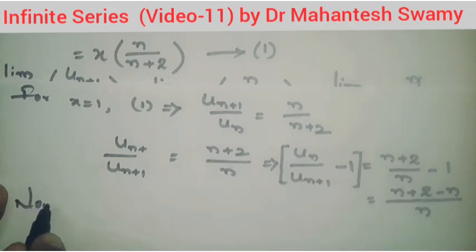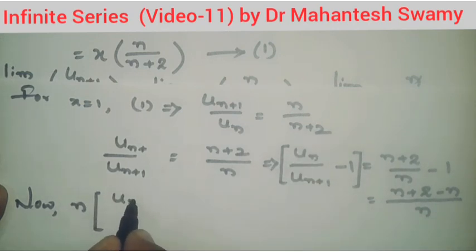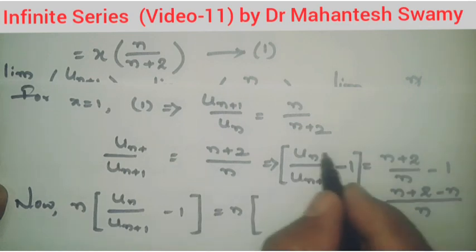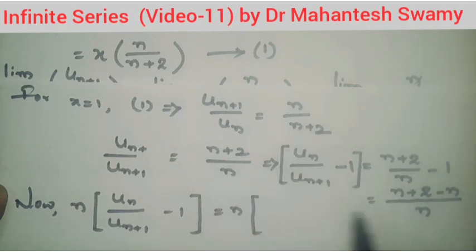Now n into (u(n) divided by u(n+1) minus 1) is equal to n into bracket. What is the answer for this? I got it as 2 by n. Now n cancelled and it is 2 here.